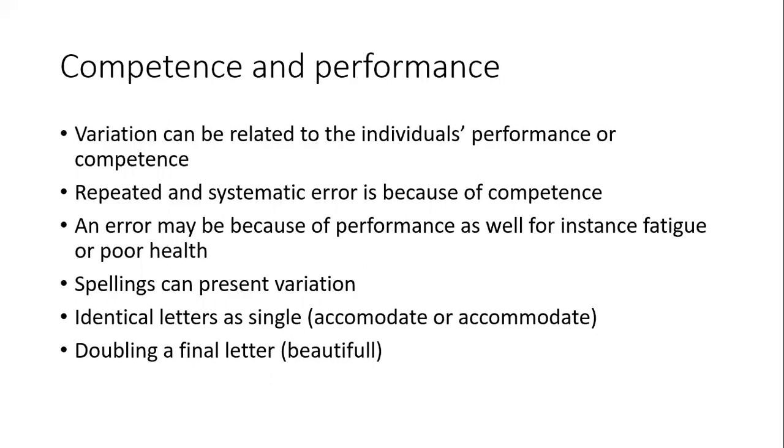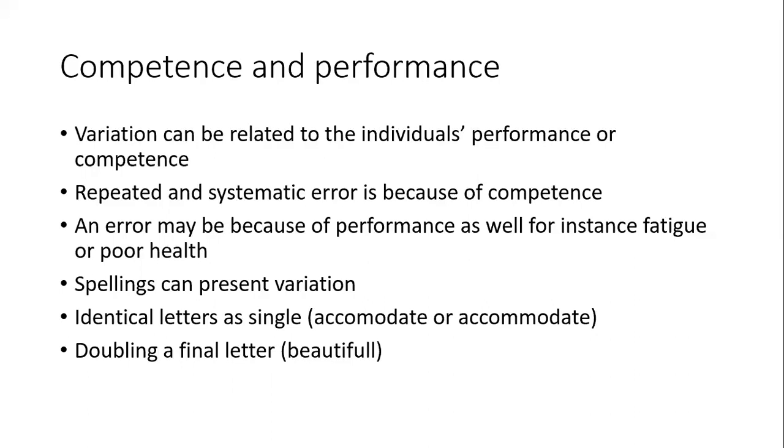Even keeping the tenor, mode, and all the aspects of register constant, competence and performance may still bring changes in the text. So textual variation may occur because of competence and performance as well. Repeated and systematic error is because of competence.